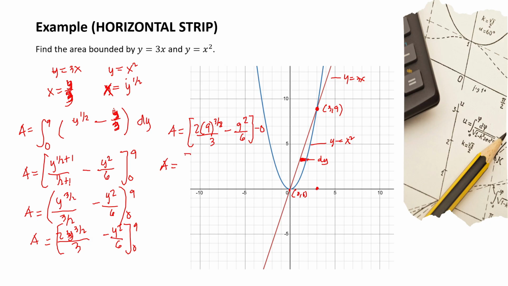So we compute: the square root of 9 is 3, 3 cubed is 27, times 2 is 54 over 3, minus 9 squared, 81 over 6.